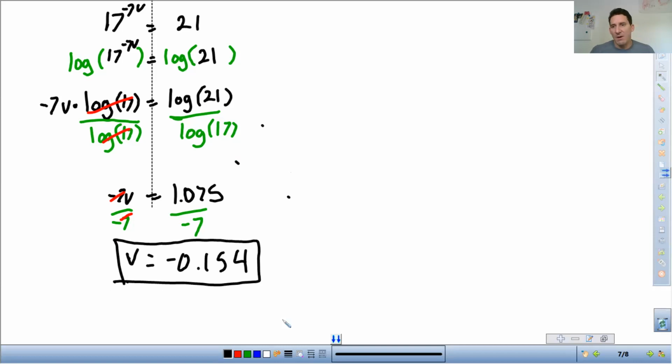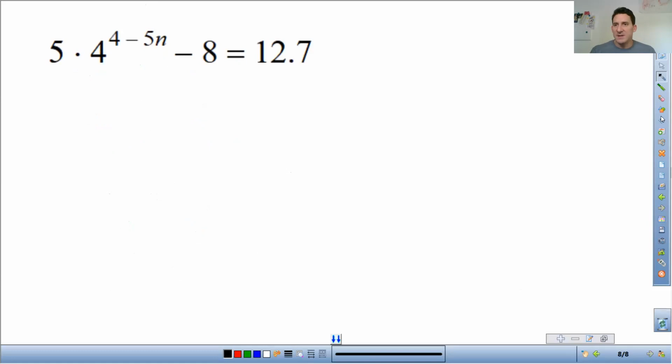All right, one more problem. Long problem. This is as long as these problems are going to get. A lot to this one problem. So first thing I need to do is get this down to just the base with its exponent. Then I can take the log of both sides to get the variable out of the exponent, put it in a coefficient, and then solve everything from there.